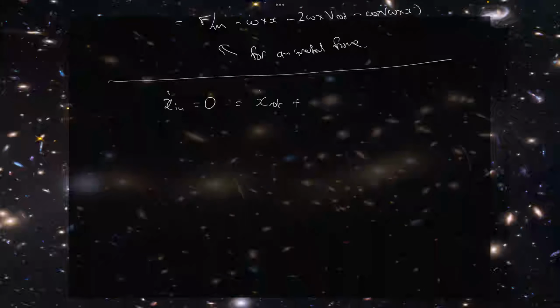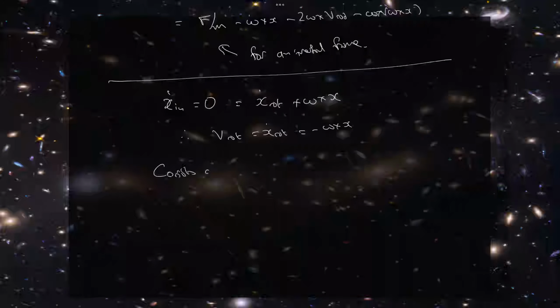Let's look at an example. Consider the fixed stars. In the inertial frame, we have x dot equal to 0. So that's x dot in the rotating frame plus omega cross x. So therefore, the velocity in the rotating frame is minus omega cross x.